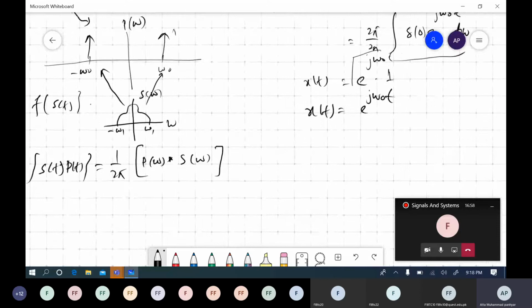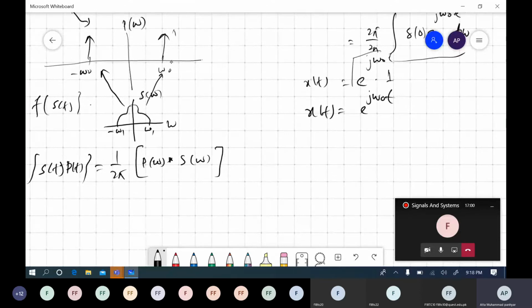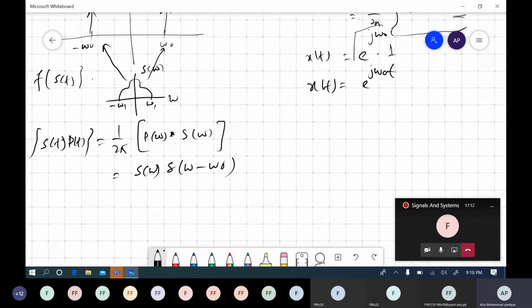If you multiply this signal s of omega with delta omega minus omega naught, and when we put minus omega naught, we get s of omega delta omega plus omega naught, right? So the resultant signal would look something like this.